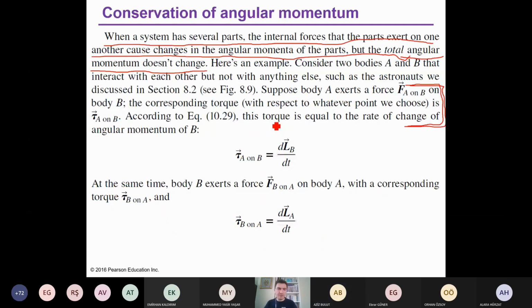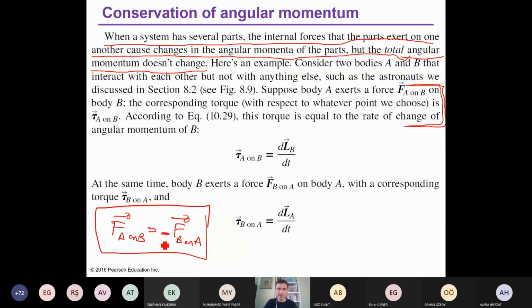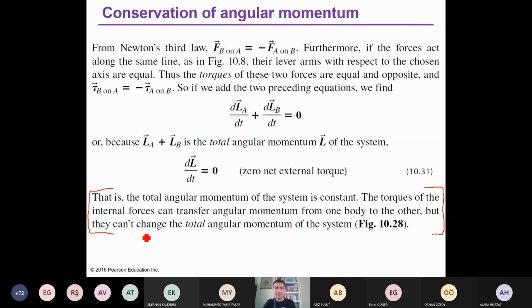The force applied by A on B is equal to minus the force applied by B on A, okay? So due to Newton's third law, action-reaction pairs, okay? Then if we have this relation, then we have this relation: the torque of B applied on A is equal to minus the torque of A applied on B.